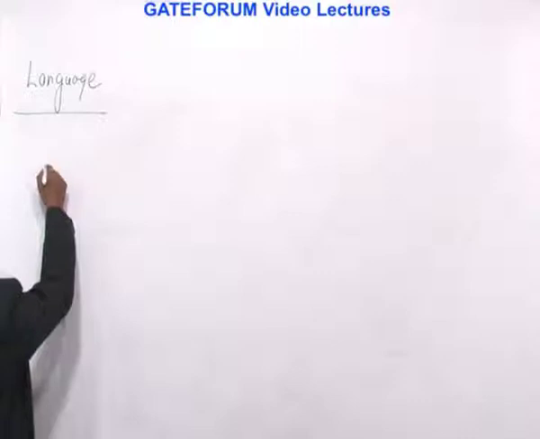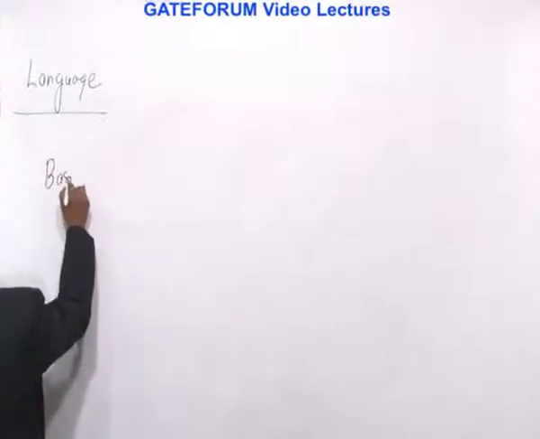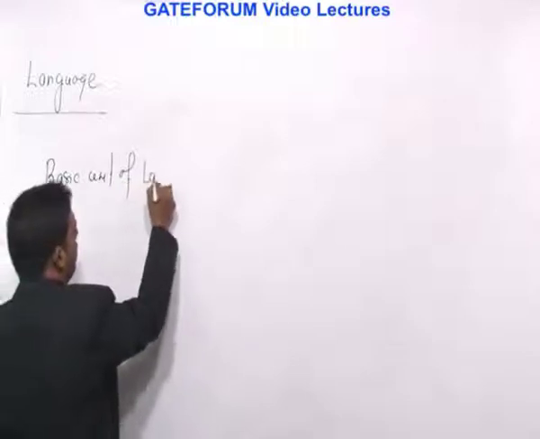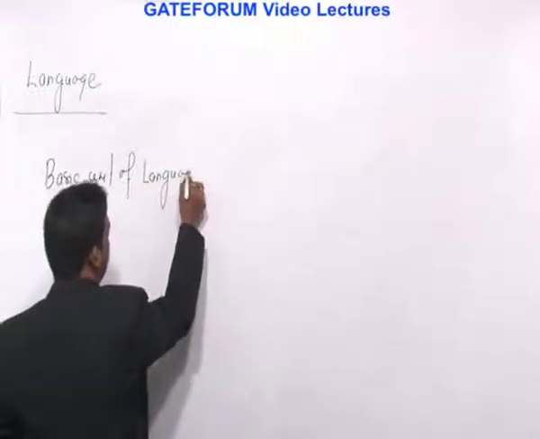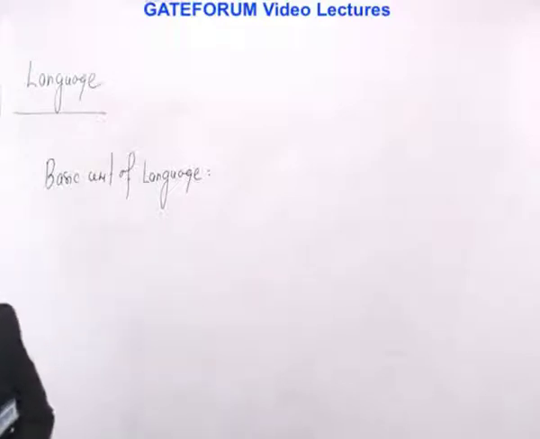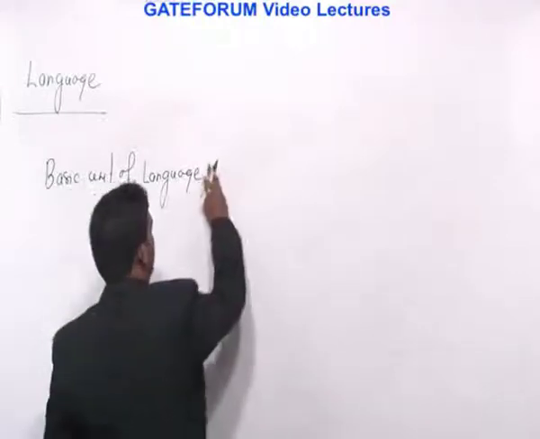What do you call a language? The basic unit of language. Before defining any language, what you need is the basic unit of language, which is the alphabet.